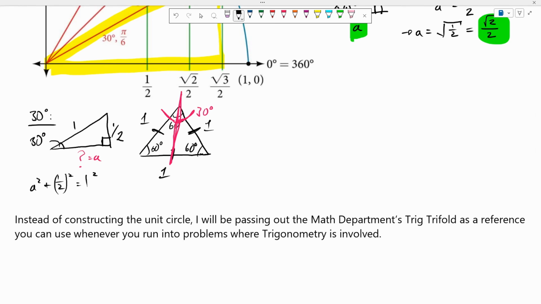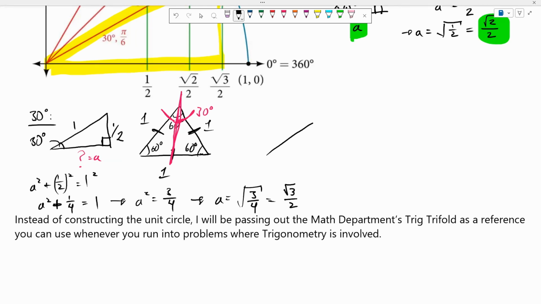A squared plus 1/4 is equal to 1. A squared is equal to 3/4 if you do the arithmetic right. So then A has got to be equal to the square root of 3/4. And if you do some more arithmetic, you get the square root of 3/2.